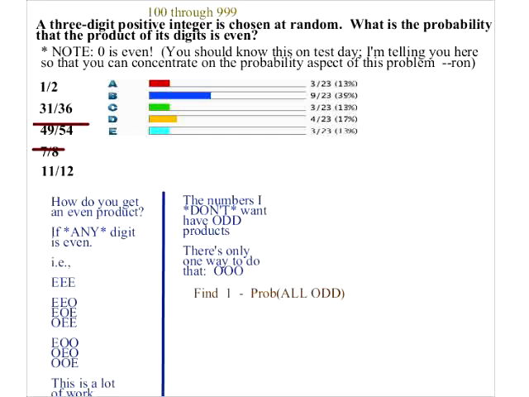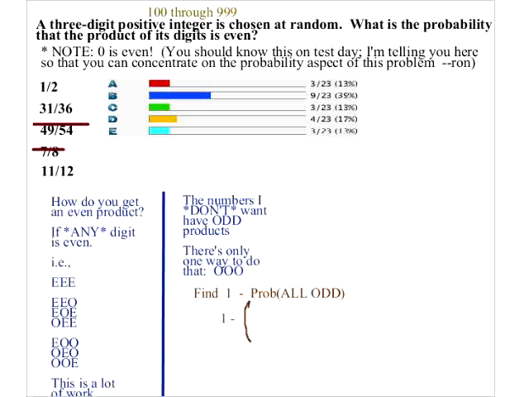So it's going to be 1 minus. And you got to be real careful here. There's 2 ways to do this. Let's do this both ways.